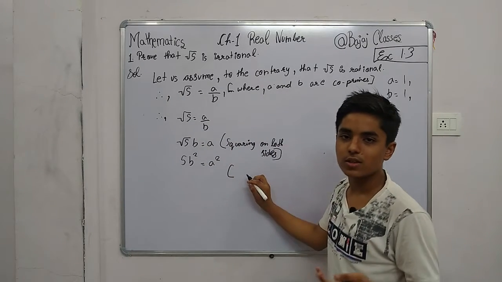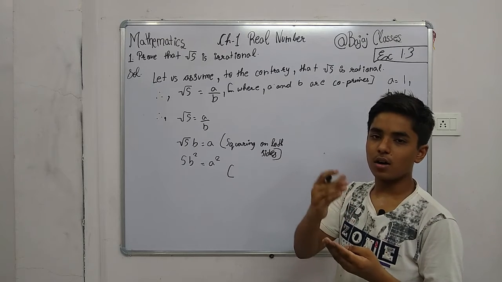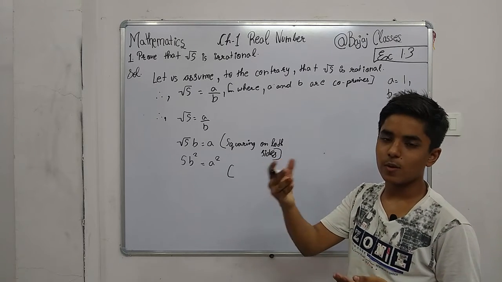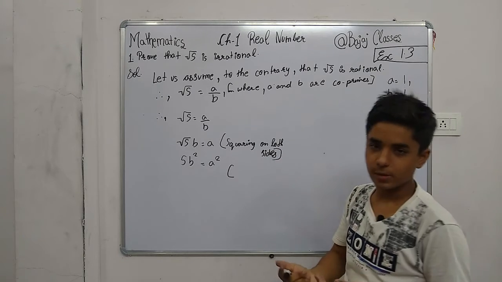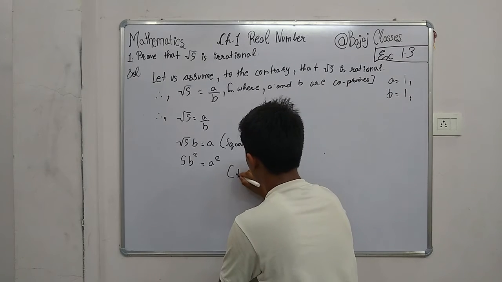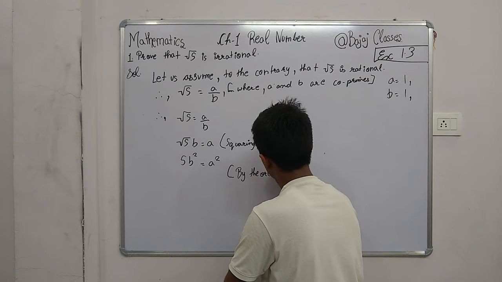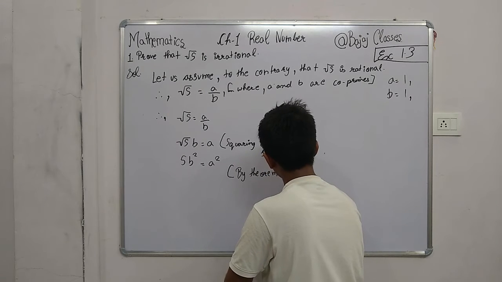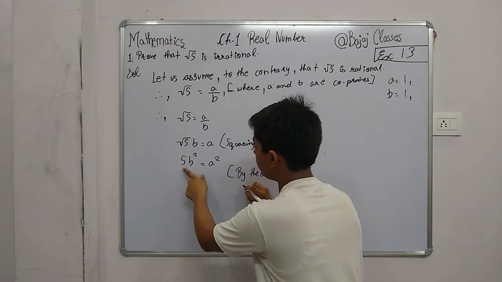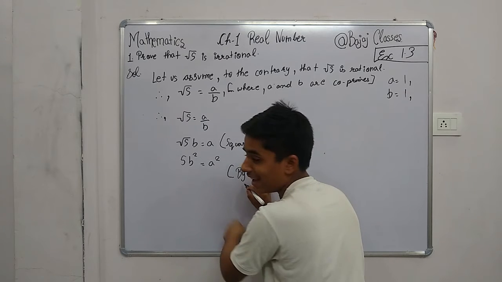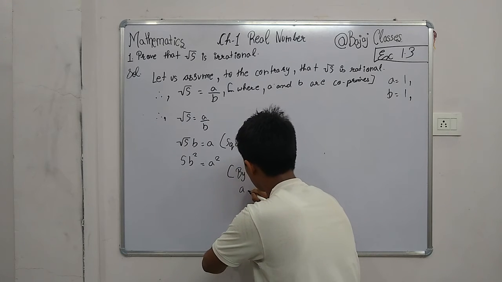You all know what theorem 1.3 is: if p divides a square, then p will also divide a. So by theorem 1.3, a will be divisible by 5.